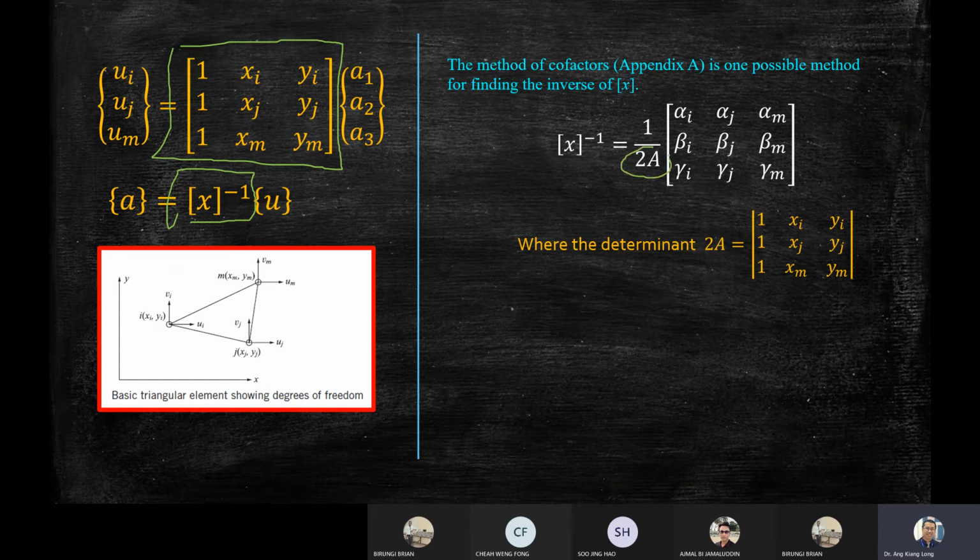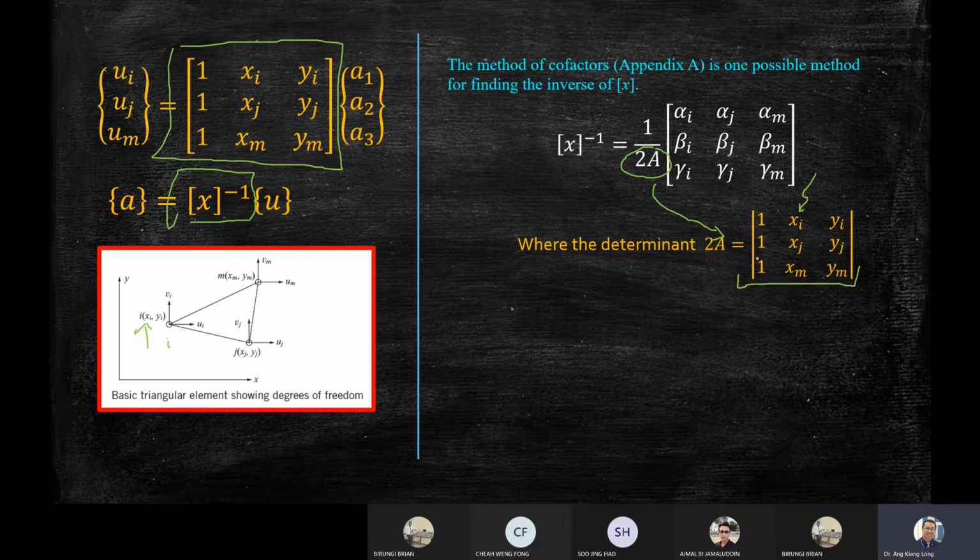What is 2A? 2A is this matrix. You find the determinant of A using this one: 1 xi yi, 1 xj yj, 1 xm ym. What is xi? It is the location of your x here. If you look at this red box, it's the x location of i. It's just a substitution of all the coordinate numbers inside the matrix.